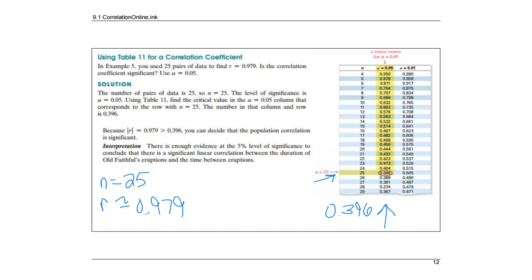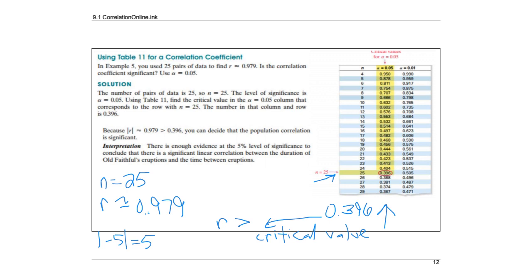What I'm going to do is compare these two. If my R is greater than my critical value over here, then the correlation is significant. The only thing is, if R is negative, you do have to find the absolute value. Remember, the absolute value of -5 would equal +5, right?